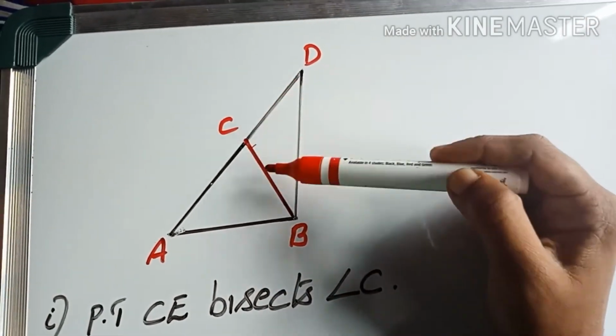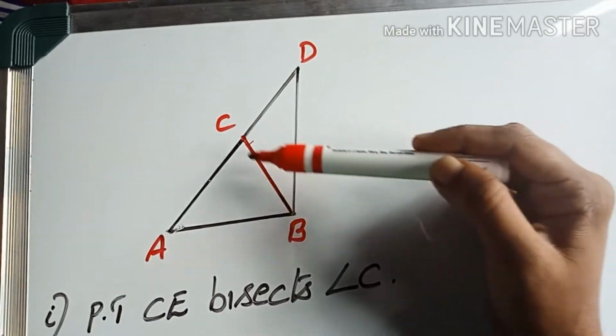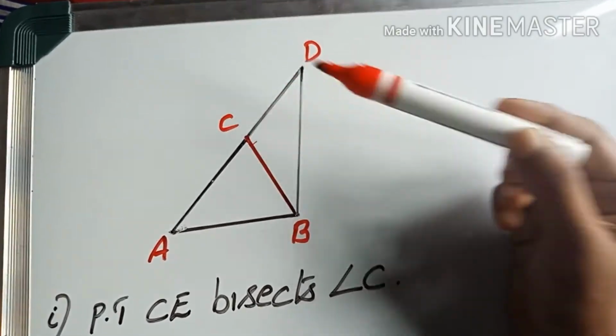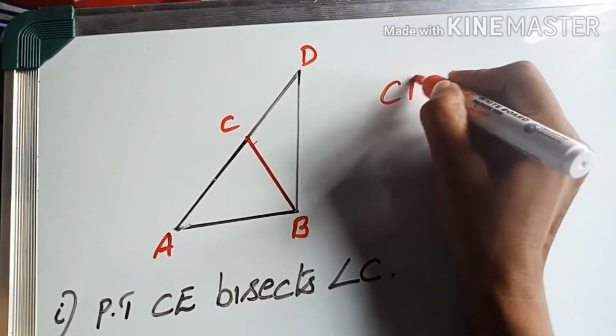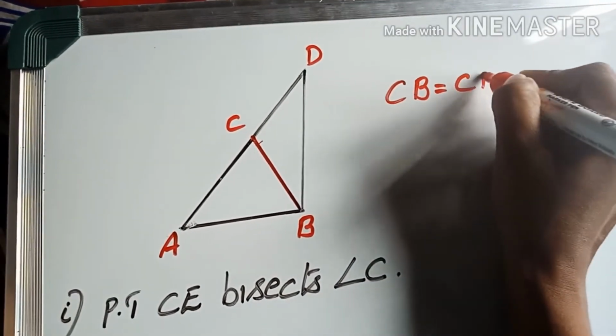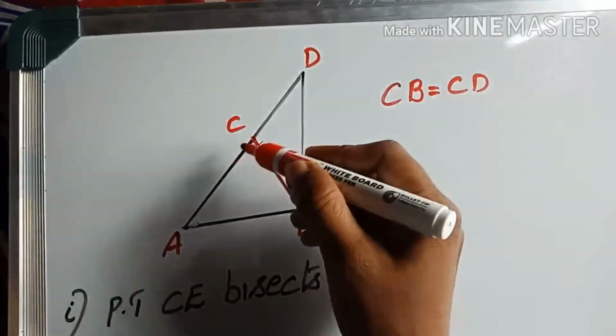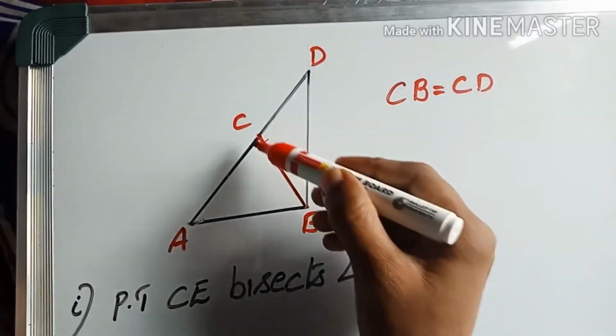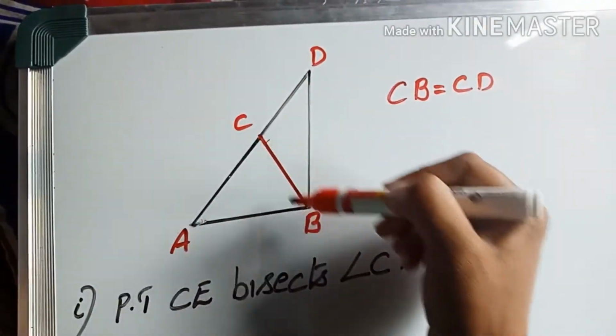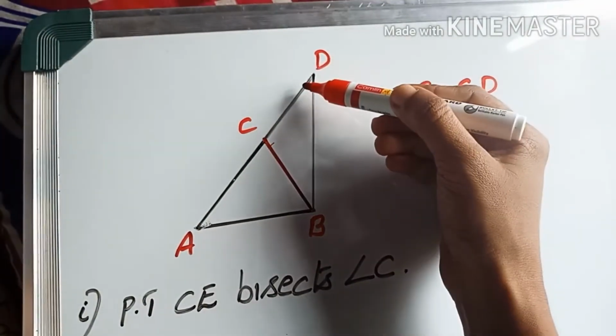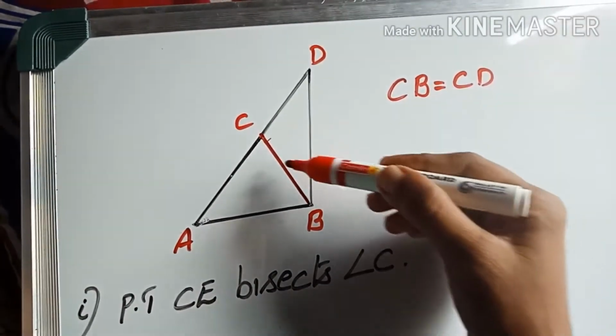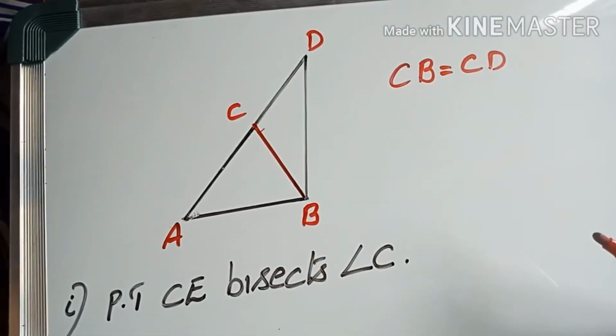Here AC is extending by taking the measurement of CB, the same measurement here. So we can say CB and CD are equal.